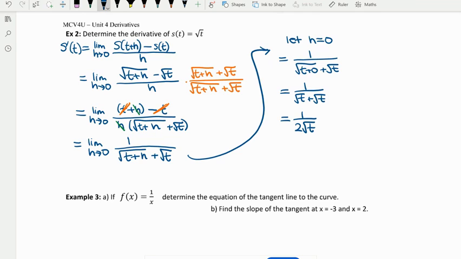So there's our general formula, the derivative of my function s. There you go.